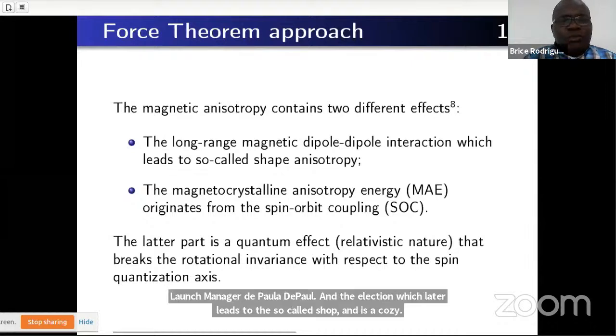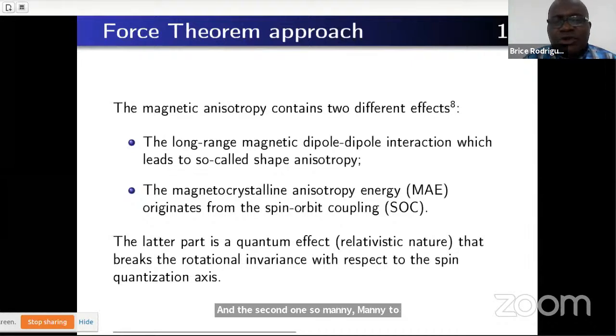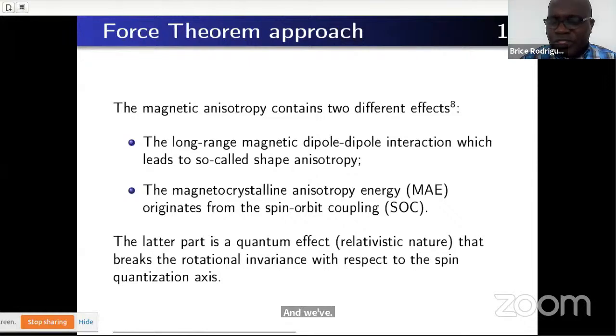And the second one, the magnetocrystalline anisotropy energy, originates from the spin-orbit coupling. The latter is a quantum effect that breaks the rotational invariance with respect to the spin quantization axis.